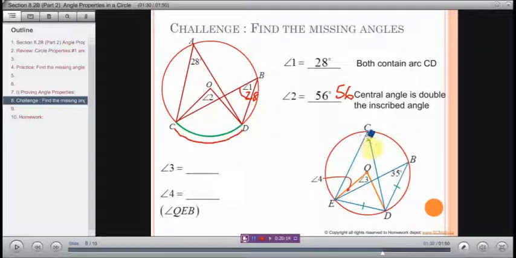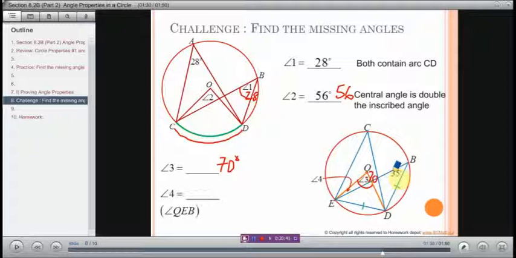We don't really need that though. Chord ED also has this central angle here. So that's 35, and this central angle must be double that. So that is 70. Okay, so that's 70. So angle 3 must be 70. Central angle coming from the same chord as that inscribed angle.